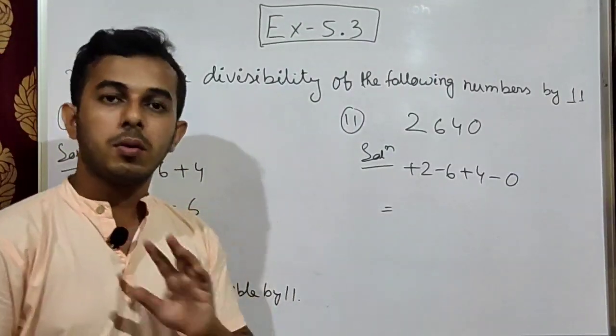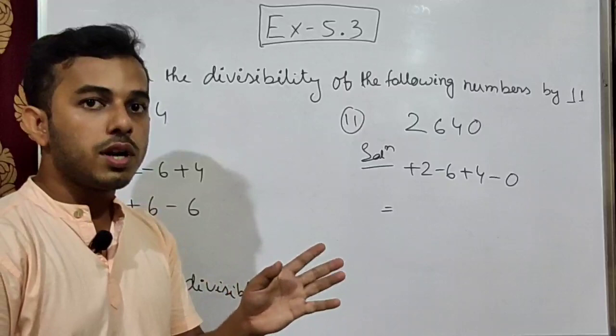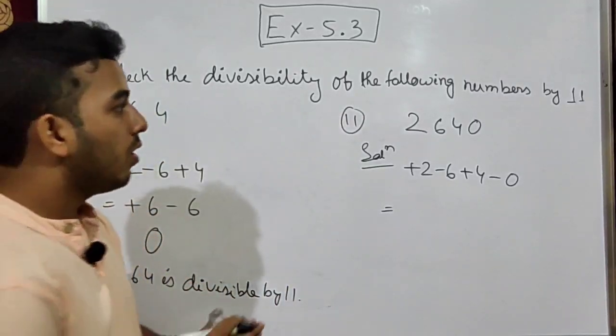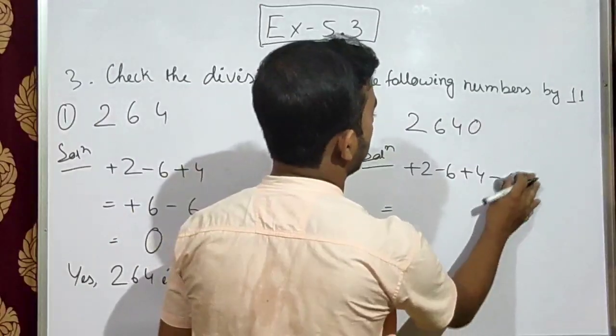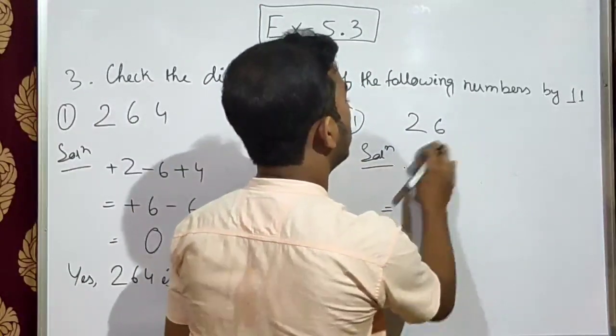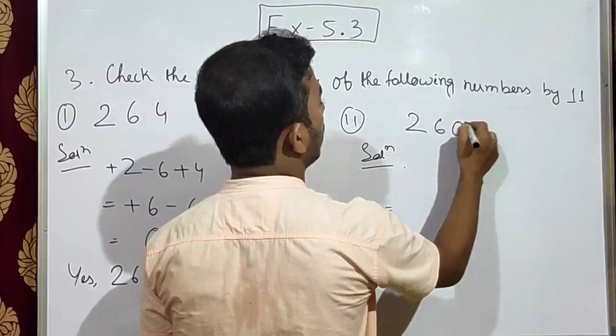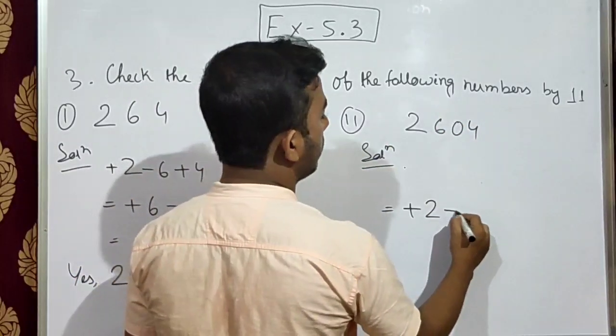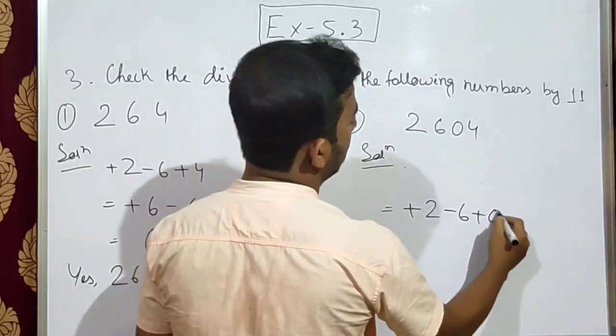It will take space. You have to write it, because if you don't write 0, then you will miss the positions, right? Okay, look at one thing. Insert 0 in the middle. Suppose 2, 6, 0, 4. Now you have to write 0, because look, it will be plus 2 minus 6 plus 0 minus 4.